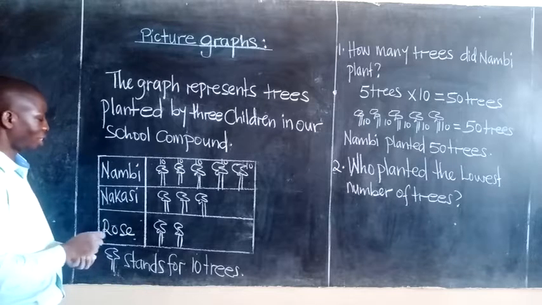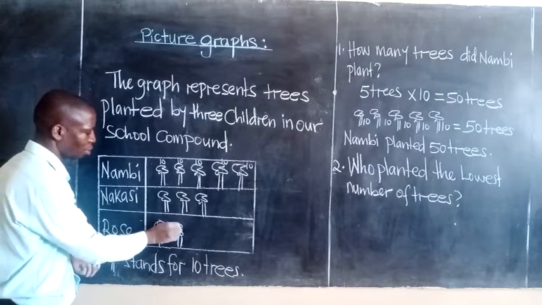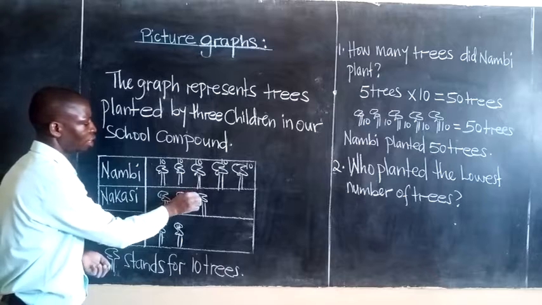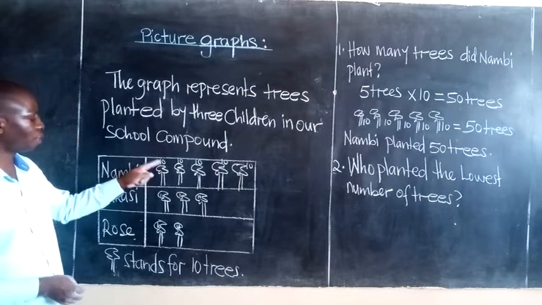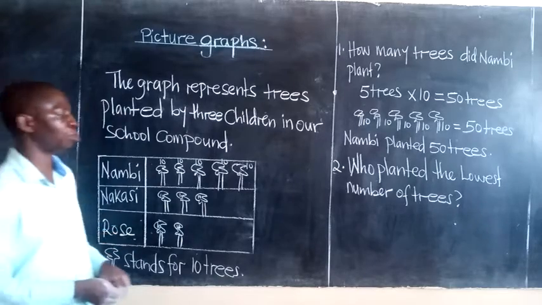The lowest, I think that was Rose. Rose planted 10, 10, which is 20. 10, 10, 10, which is 30. This one planted 30, this one 50, this one 20. So Rose has the least number of trees.